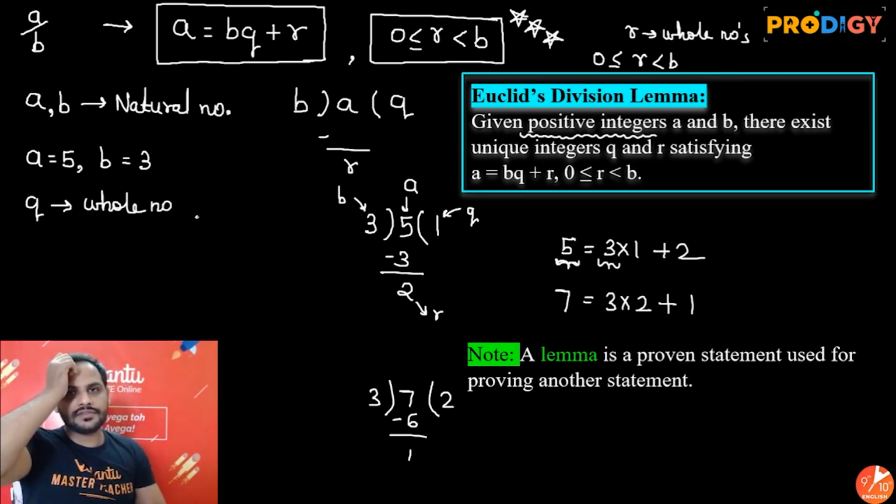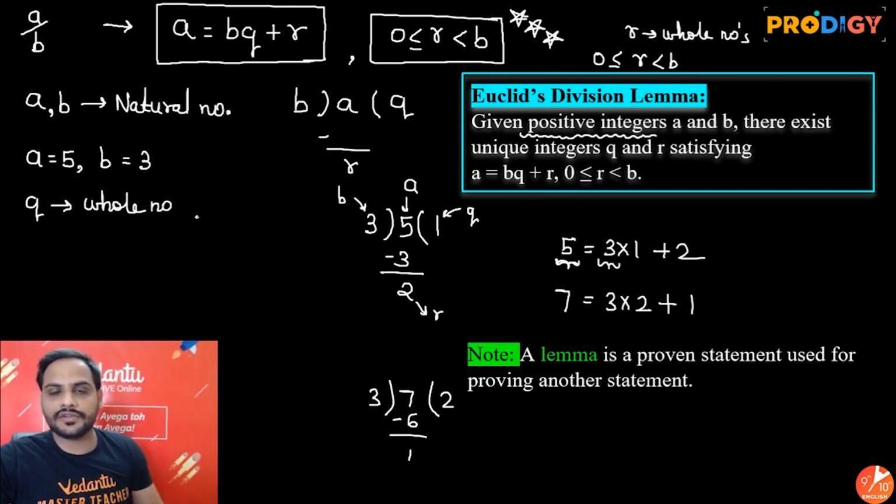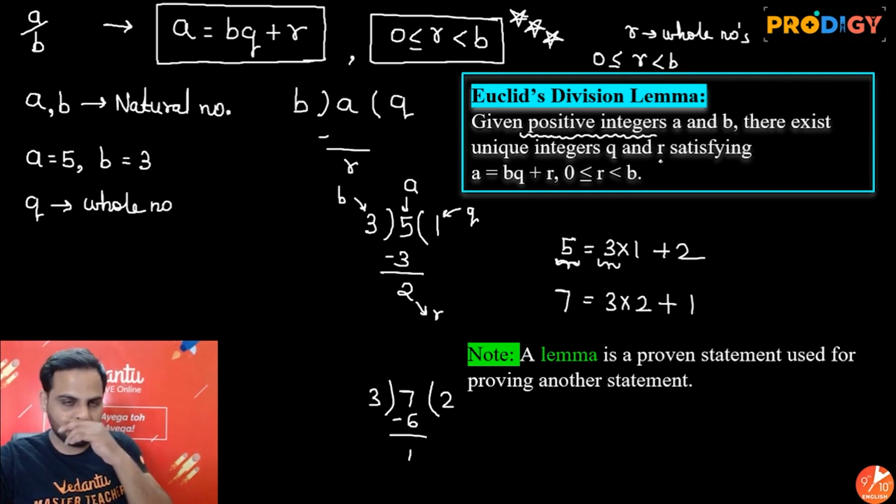Q is a whole number. That means Q can be 0 as well. Remember, A and B we are taking as positive integers. Q can be a whole number as well.